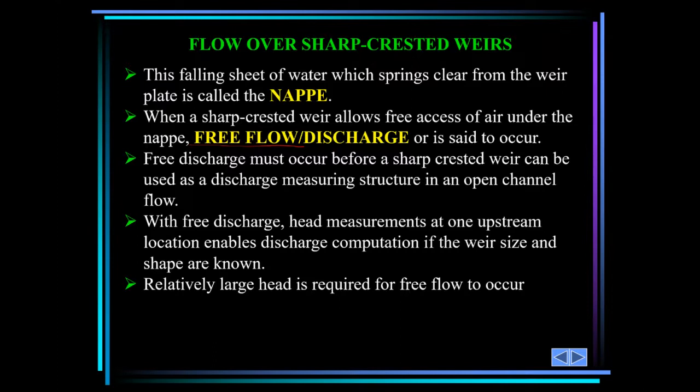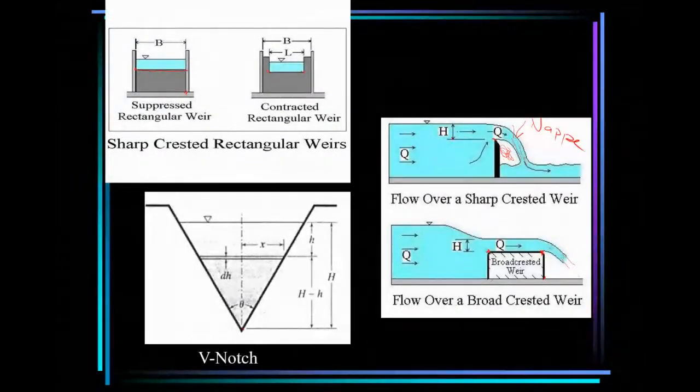With free discharge, head measurements at one upstream location enable discharge computation if the weir size and shape are known. A relatively large head is required for free flow to occur, meaning the upstream head, this one, so that the water will not cling to the weir face.